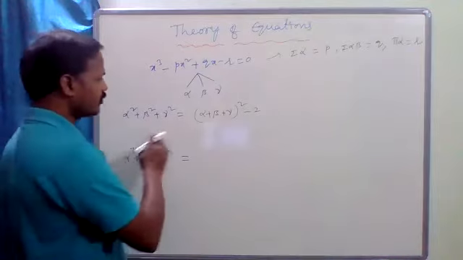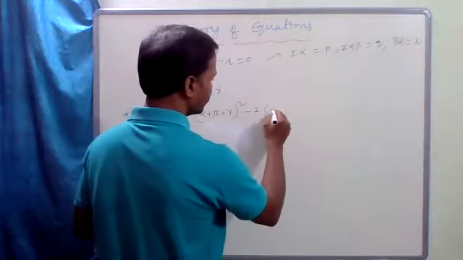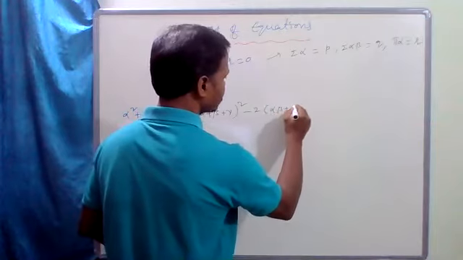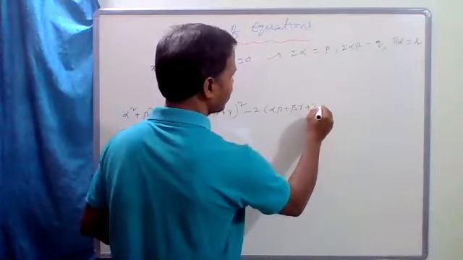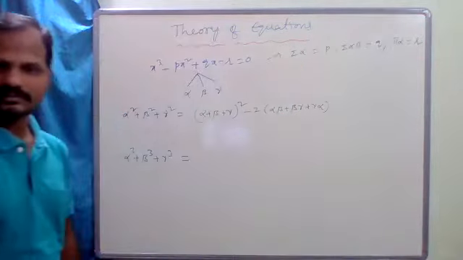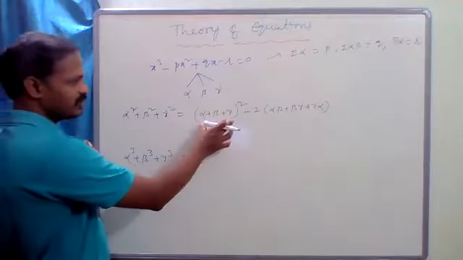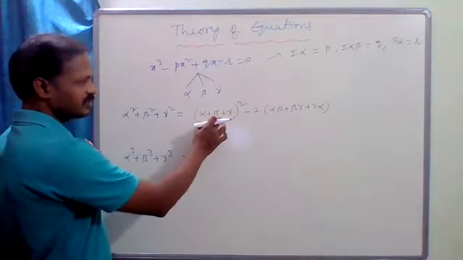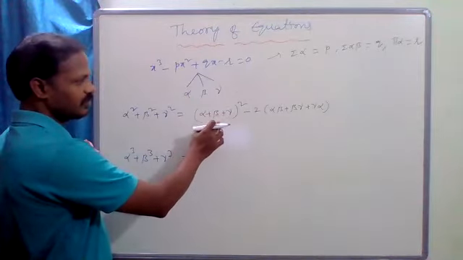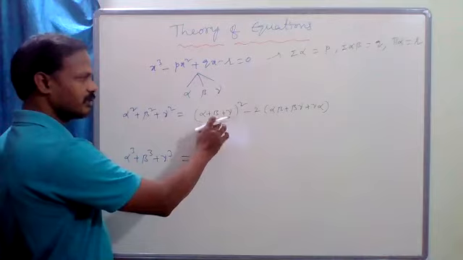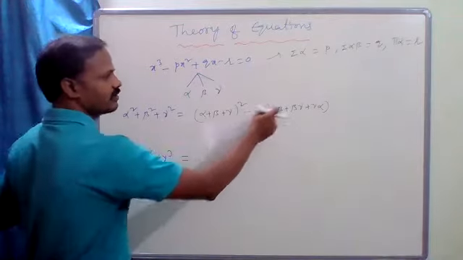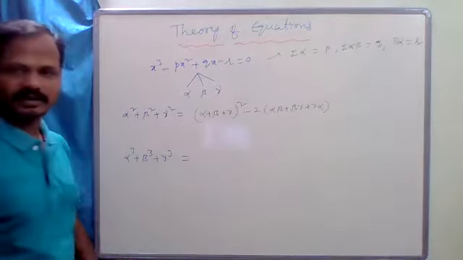So you have to write minus 2 (alpha beta plus beta gamma plus gamma alpha). That will be cancelled, and you will get the remaining terms like that.